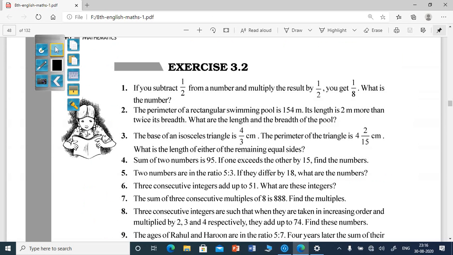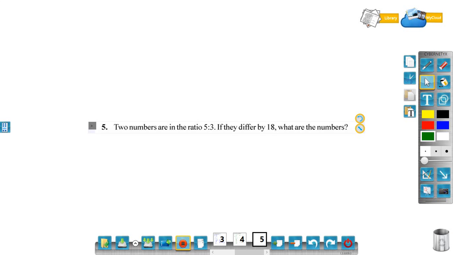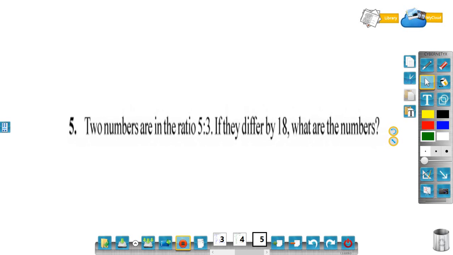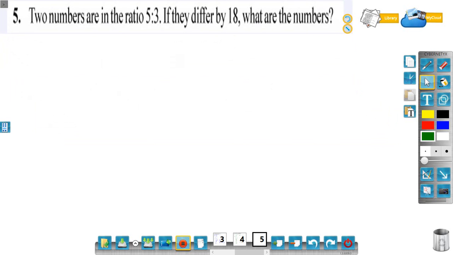See next one. Fifth one. Two numbers are in the ratio 5:3. If they differ by 18, what are the numbers?